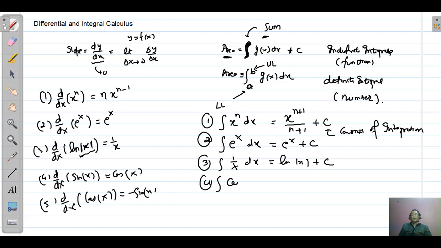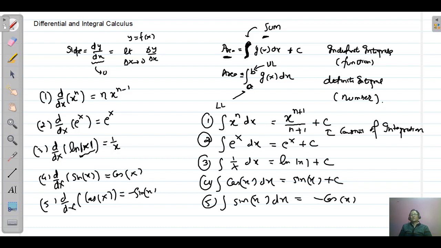The integral of cos x is sin x plus c. The integral of sin x dx is equal to minus cos x plus c. We are giving some examples, some formulas, but there are many more formulas. The formulas which we will require, we will give as and when required.